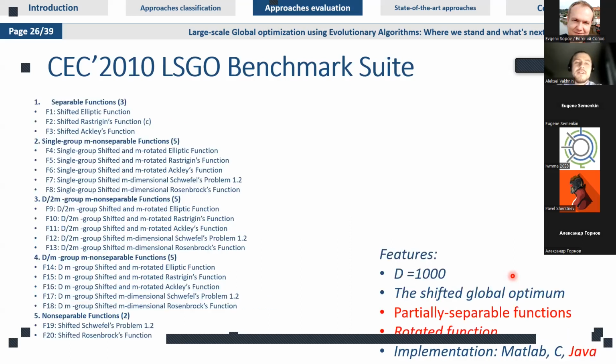But two years later, in 2010, the community proposed another improved benchmark. It consists of 20 problems, and they added partially separable functions and rotated functions. They also implemented it in Java.